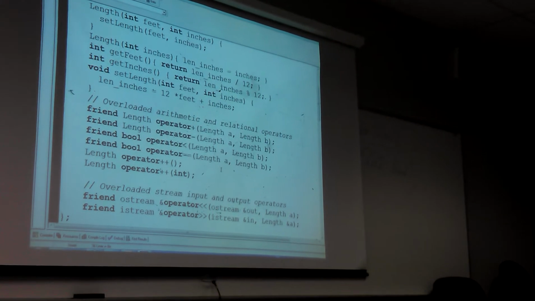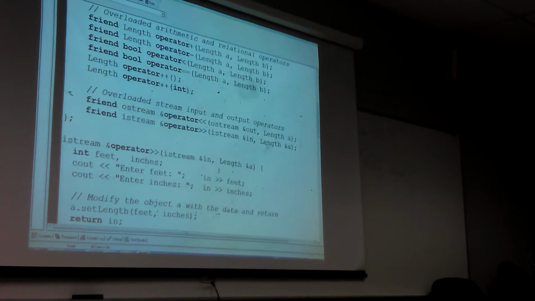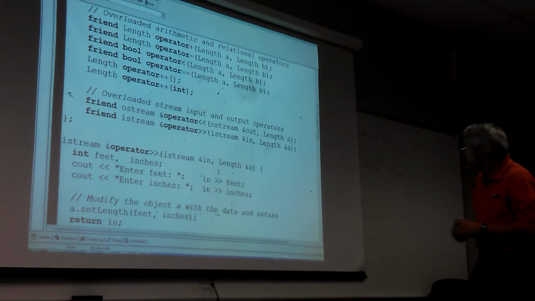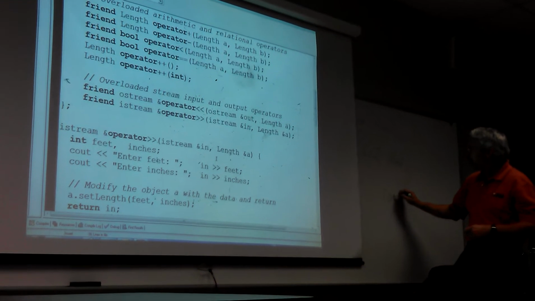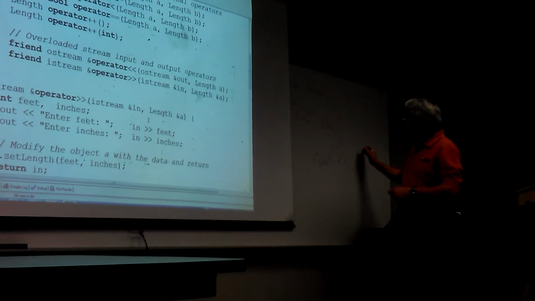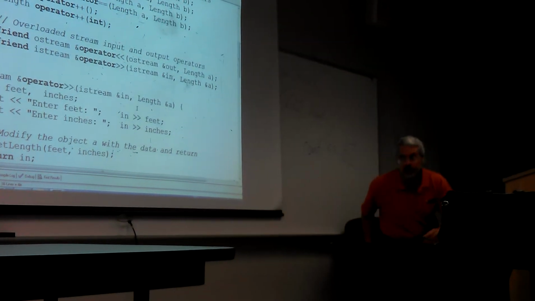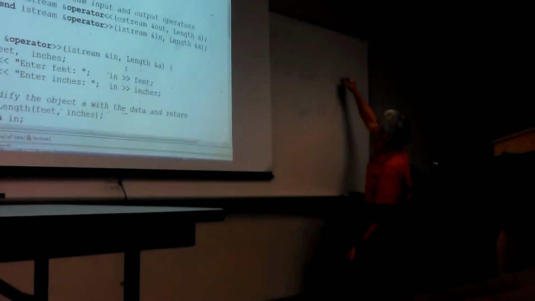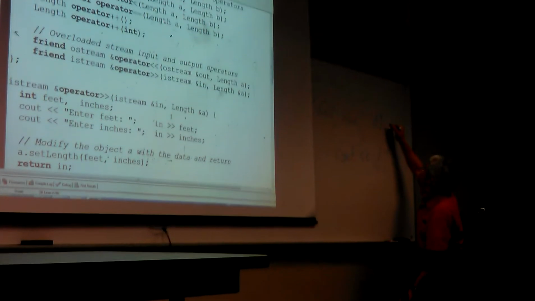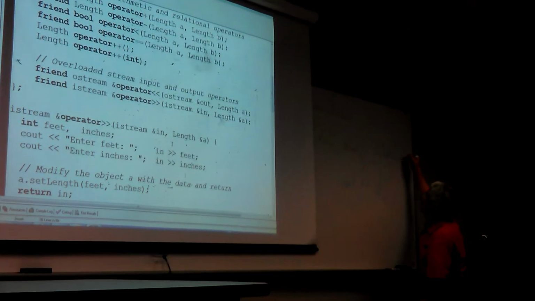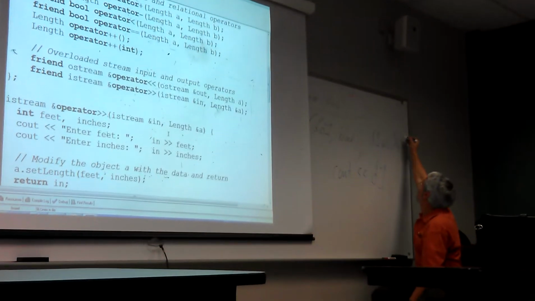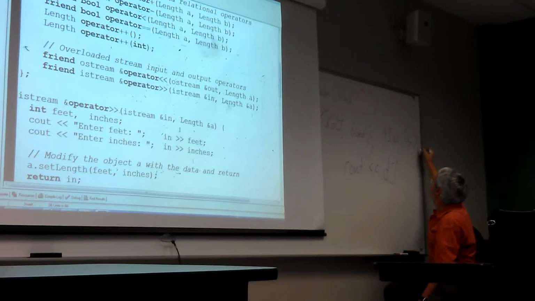Almost done. This is extra credit. If I wanted to do a cout of a date, let's say D1, I could also overload this. Let's say I said D1, and I'm going to initialize this. I'm going to set this to May 5th, Cinco de Mayo. Okay?